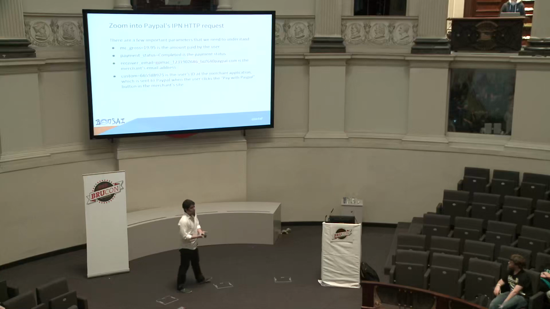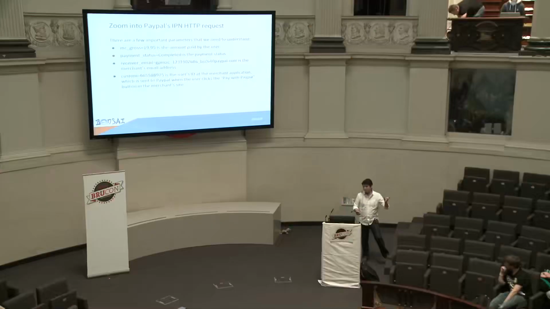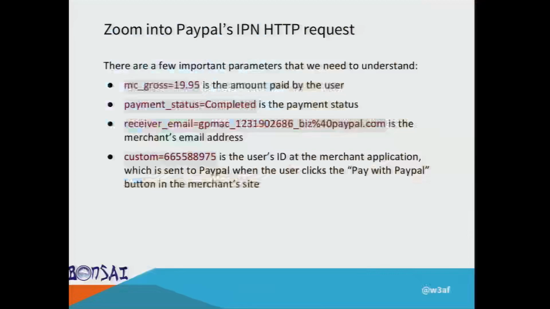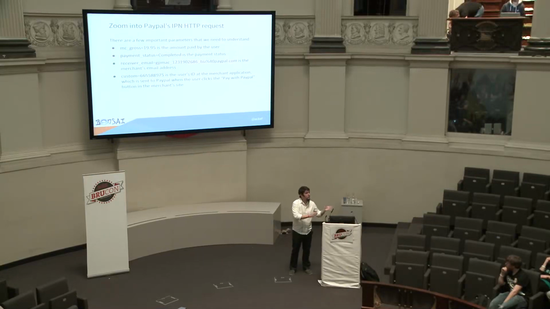So the receiver email address is the email address for which the event is for. So when PayPal receives a payment, that payment is for a specific PayPal account. That PayPal account is this one. Finally, what we see here is a custom. Custom is basically a way for the merchant developer to track payments.